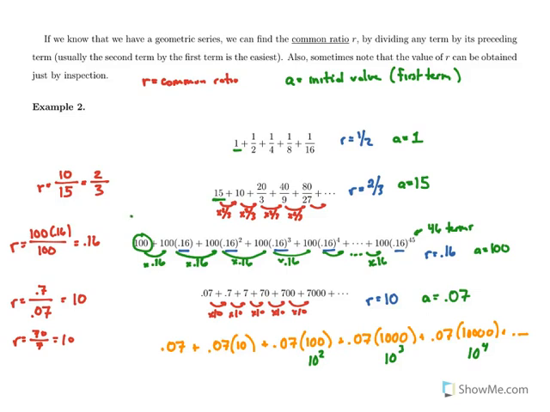We had our a value always times r to increasing powers. And we did it down here as well. We could write all of these in that same way. Note that when we had to the 45th power, that actually represented 46 terms because we start with 0.16 to the 0th power at the beginning.